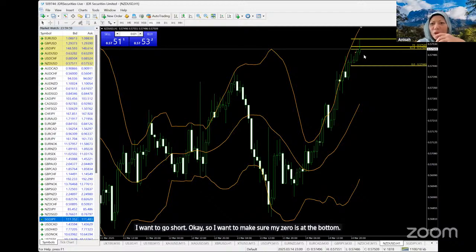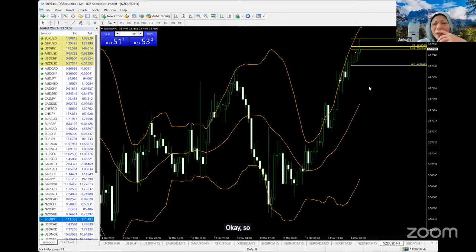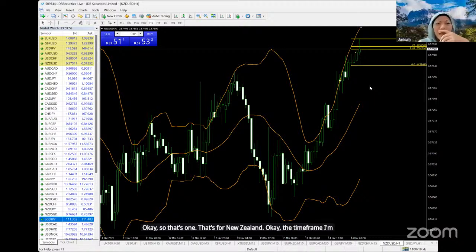So price is going to come down here and then come back and retest the 61.8 and 72% line, so I'm going to wait there. So that's one, that's for New Zealand. The time frame I'm looking at is H1.